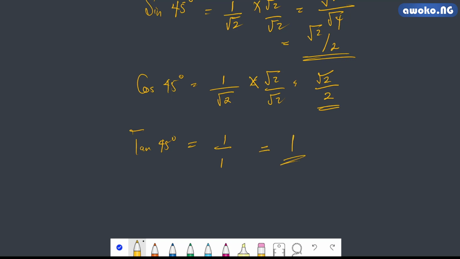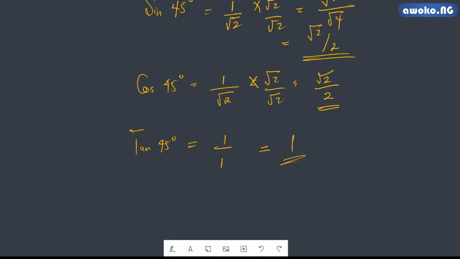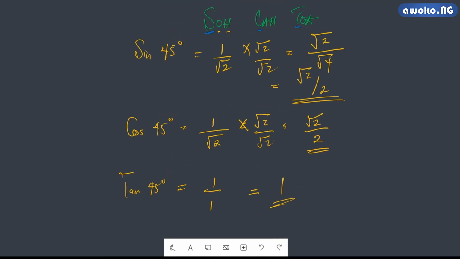Therefore, the special angle 45 degrees follows these processes that we've listed over here. Sin 45 is root 2 over 2, cos 45 is as well root 2 over 2, and tan 45 is equal to 1. So that is for the special angle 45 degrees.